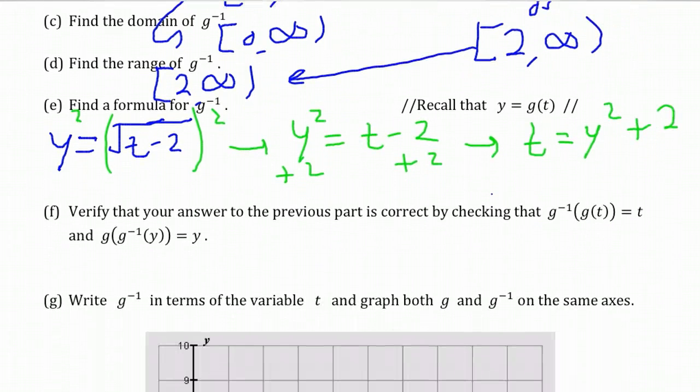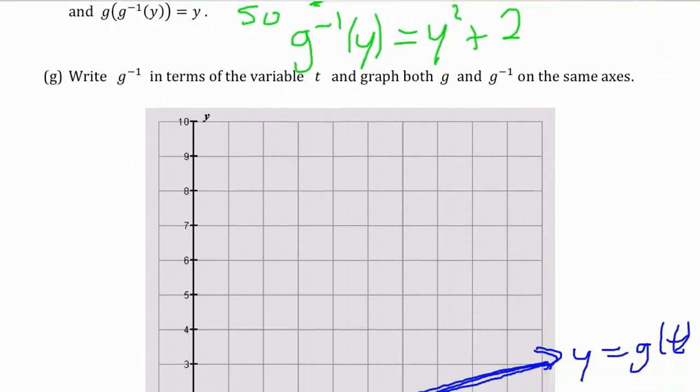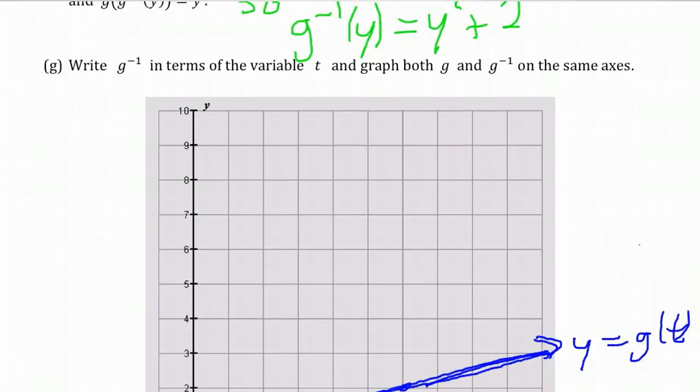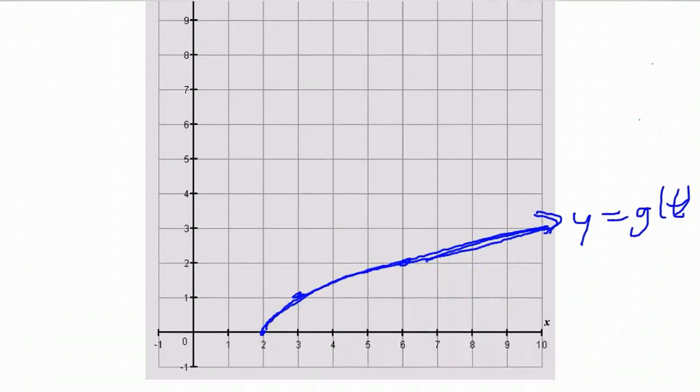We can leave it as g inverse of y is equal to y squared plus 2, or if we want to graph g inverse on the same axes as the original function g, we should write it in terms of the same independent variable. So we're going to write g inverse of t is equal to t squared plus 2.